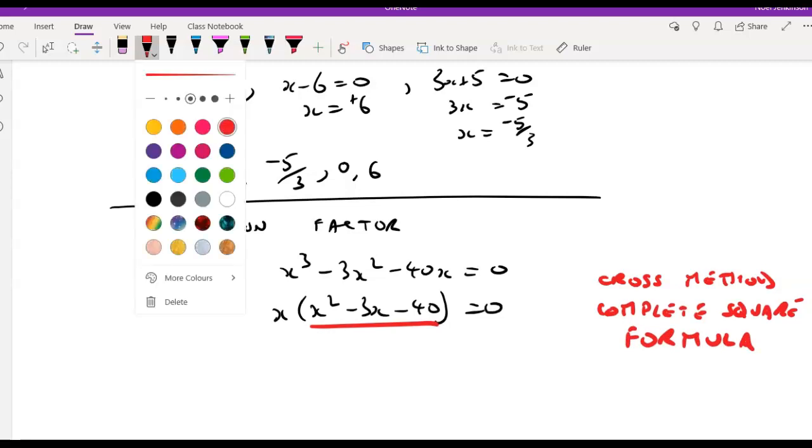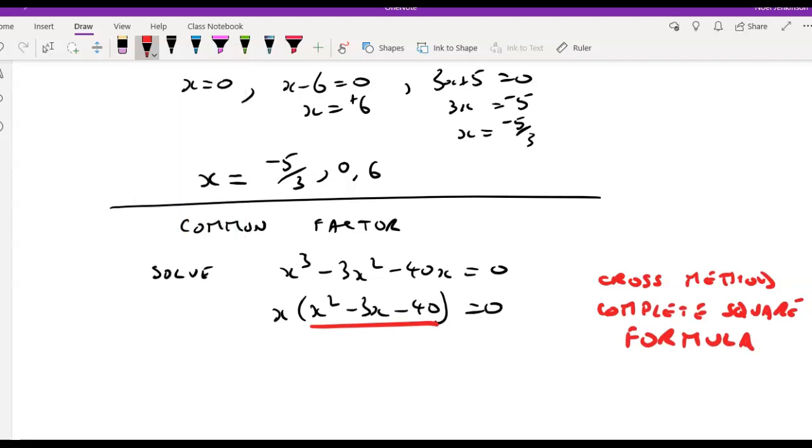So I'm going to try with the cross method. We need numbers that multiply to 40 but add to 3. So I'm going to choose factors that are close together in the middle of the range. 10 and 4 doesn't add to 3, but 8 and 5 certainly does.